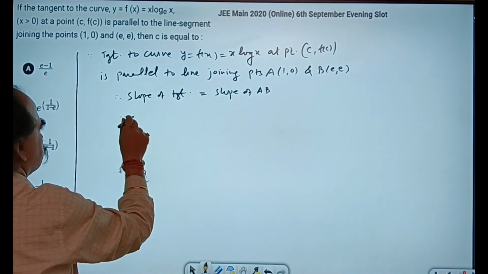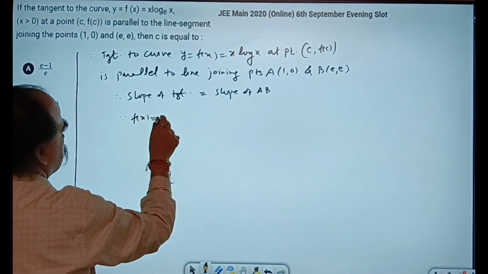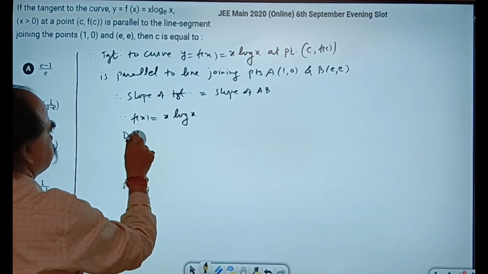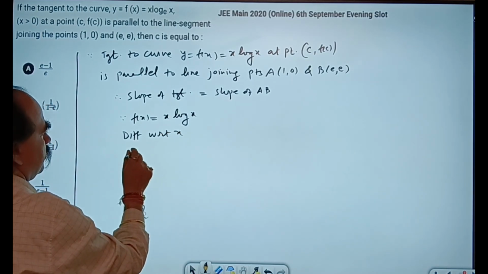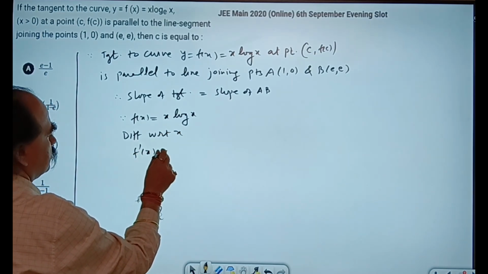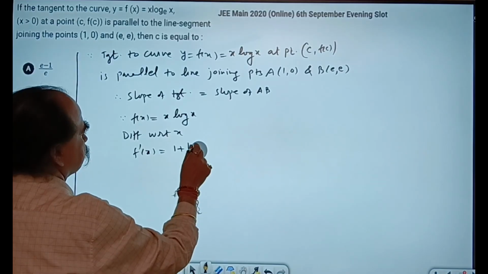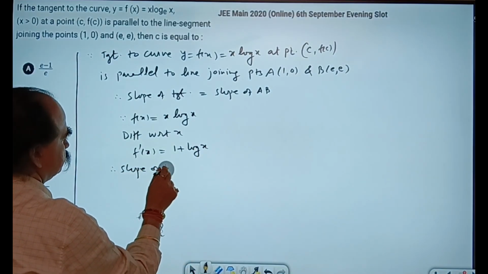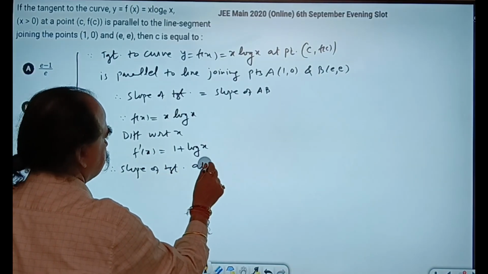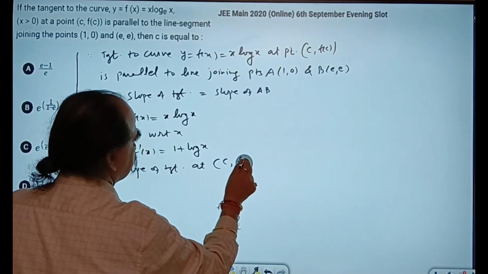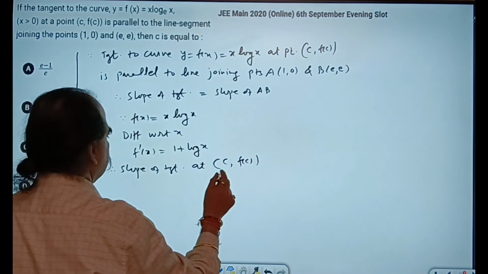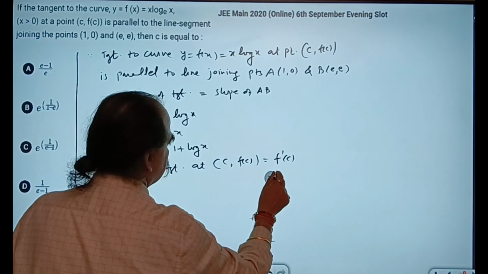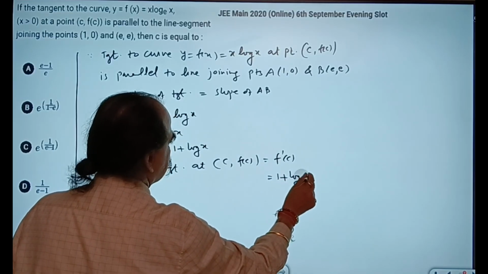Since f(x) is x log x, differentiating with respect to x, f dash x will be 1 plus log x. So the slope of the tangent at C, f(C) is equal to f dash c, which is 1 plus log c.